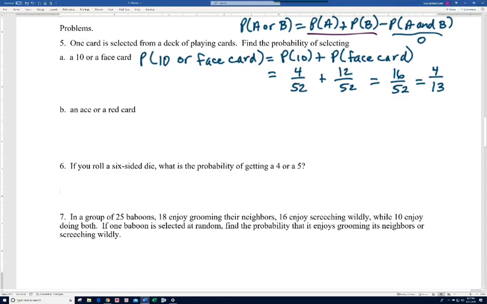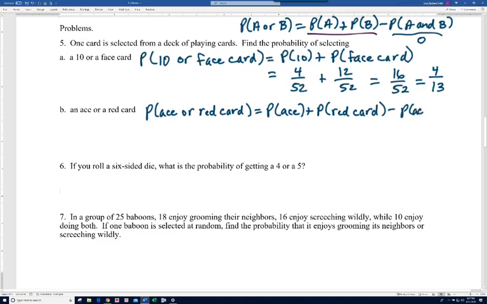The probability of getting an ace or a red card is equal to the probability of getting an ace plus the probability of getting a red card minus the probability of getting an ace and a red card.